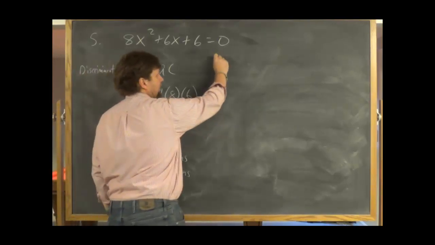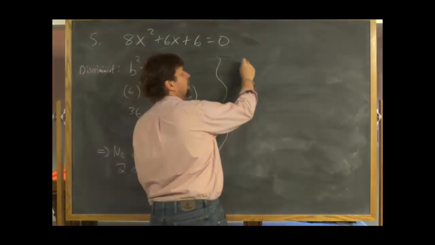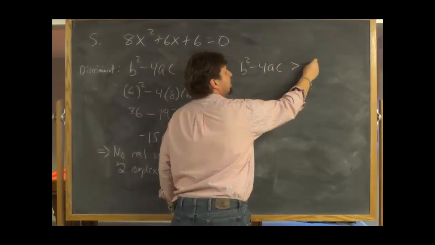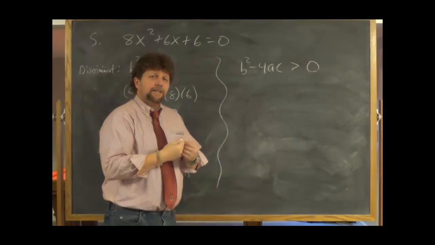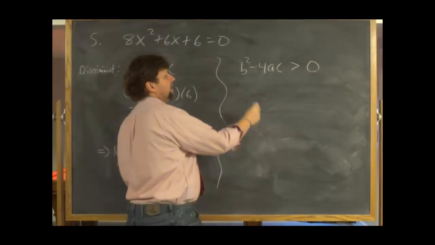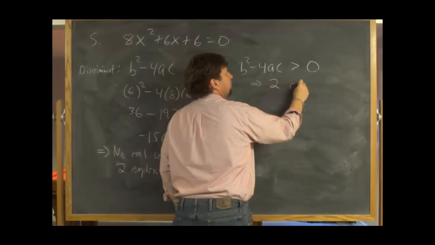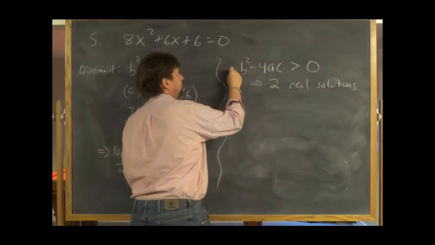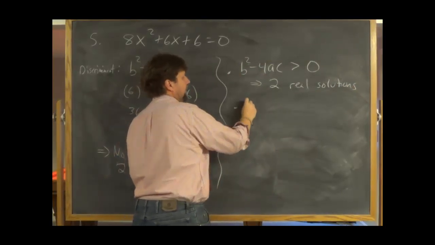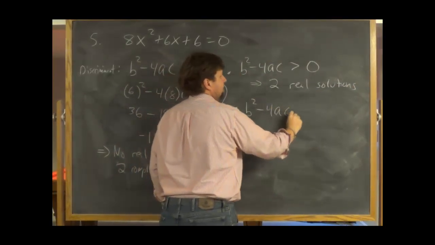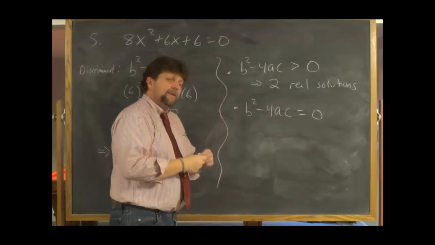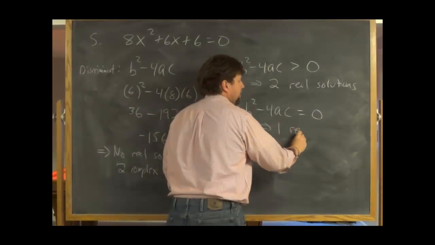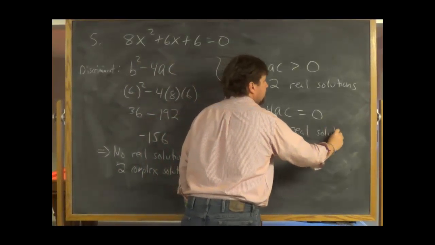Just remember the following. The discriminant is b squared minus 4ac. If you end up getting a positive number, something that's greater than 0, that tells you you have two real solutions. If your discriminant, b squared minus 4ac, ends up equaling 0, that tells you you're only going to have one real solution.